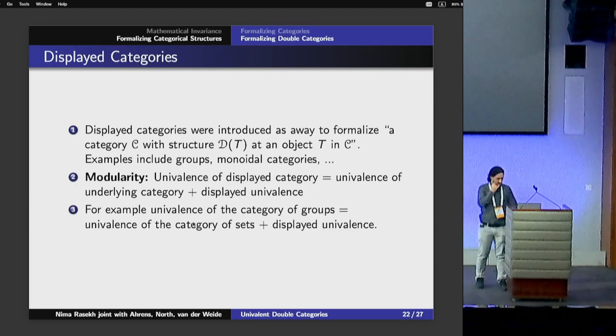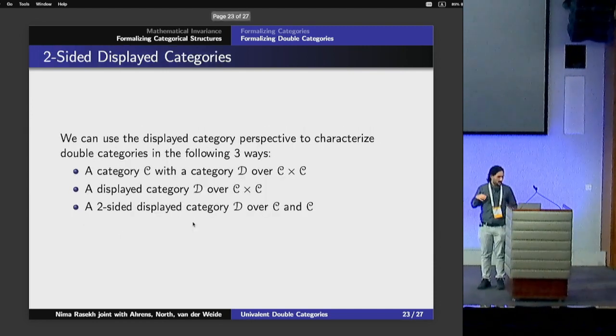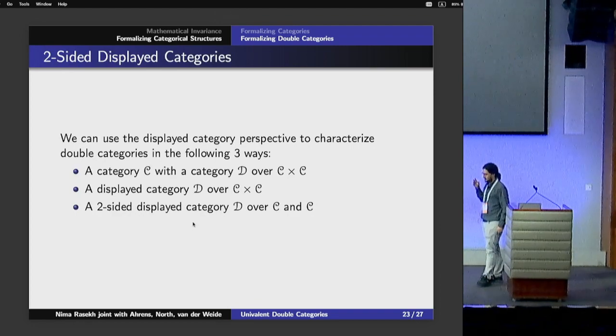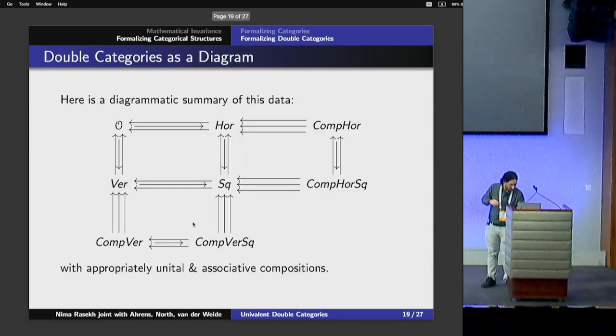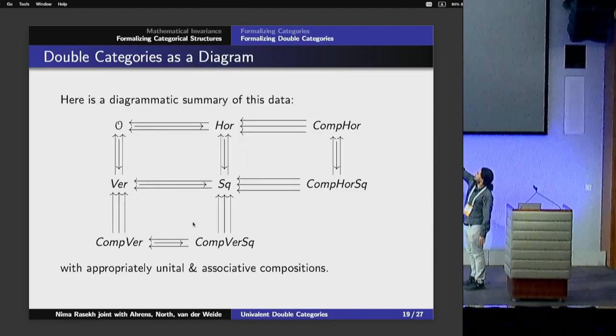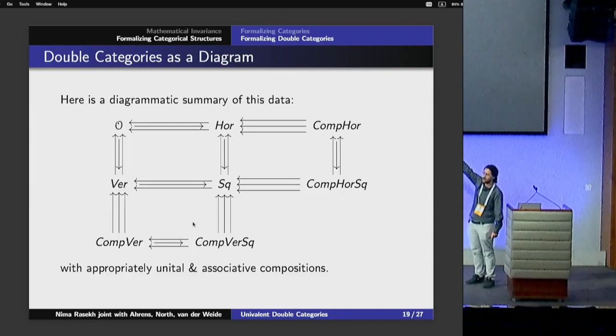What we want to do is think, how can we think of a double category as a structure over something? And the way we want to think about it is that in a double category, going back here, if you just restrict to the first column, this just looks like a category. So we have objects, we have vertical morphisms and the composition.